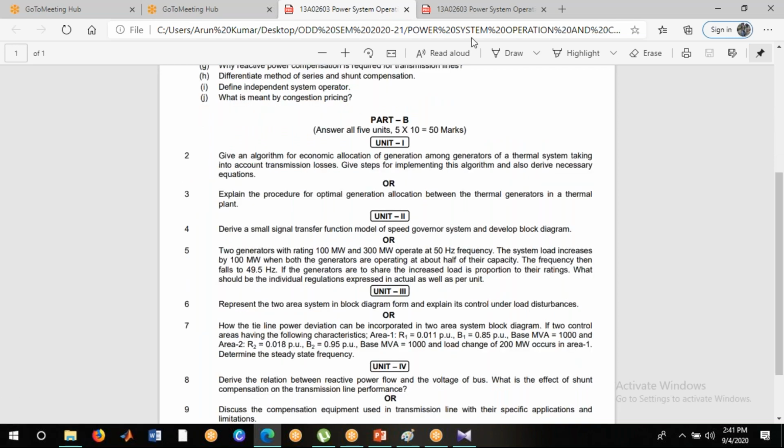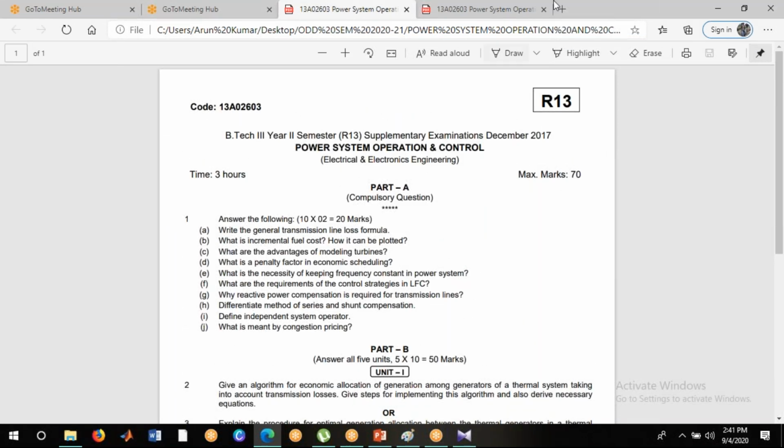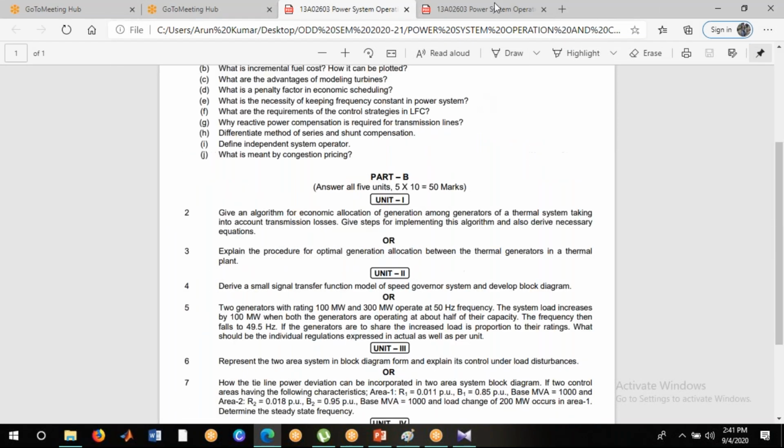See here, this is the question paper of R13 regulation, which was asked in 2017. This is a derivation part; you may get a question in your external exam: derive a small signal transfer function model of speed governing system and develop the block diagram.